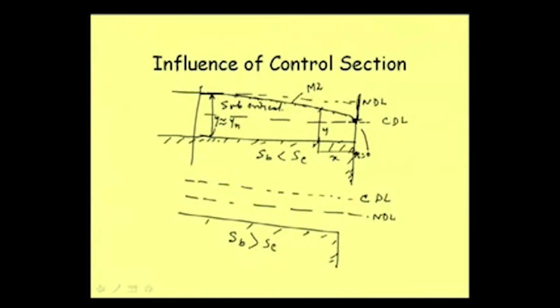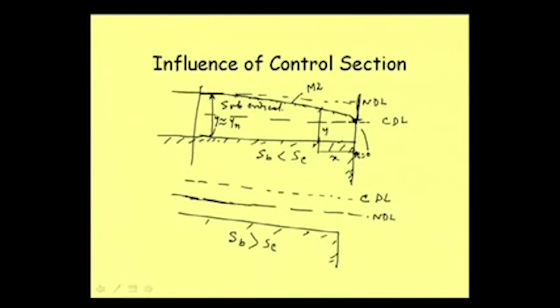Now in nature, if we do not make any disturbance, then the flow depth will be coming along the normal depth line. So it is coming like this, and at this point it will be falling like this.